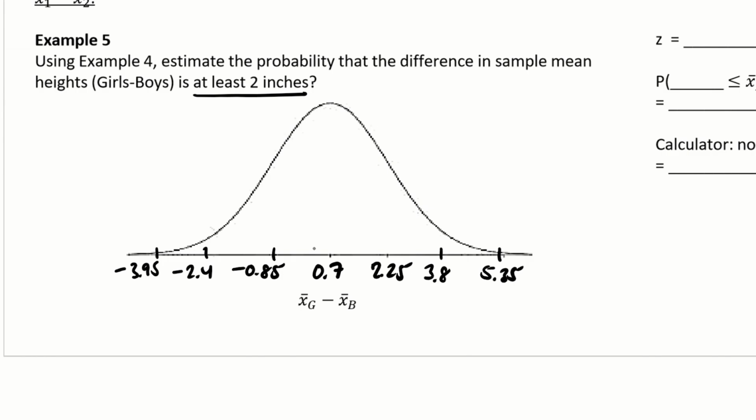So we want the probability that it's at least 2 inches, so 2 inches or higher. That's this difference of girl minus boy for the average height being 2. And at least means we're going to shade to the right. And that's how the distribution looks with the shaded areas.